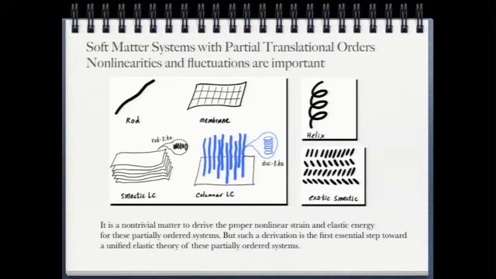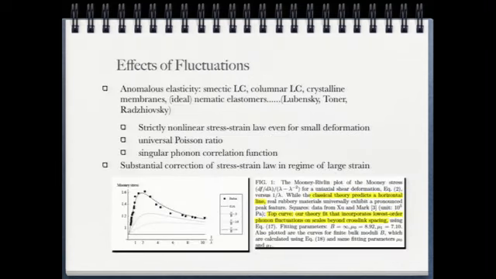What I'm doing now is trying to give a unified method to do all these problems, which I believe is simpler. Constructing a proper nonlinear strain tensor is the first step toward understanding the nonlinear elasticity of these systems.